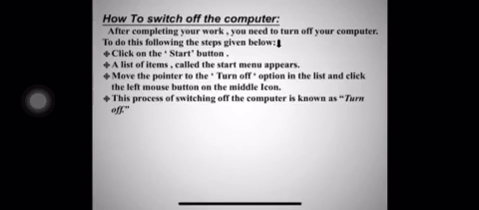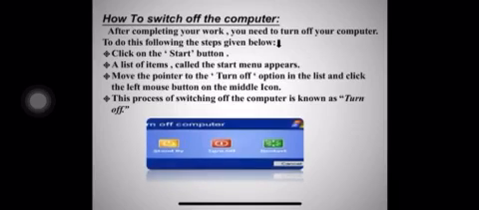Second, the start menu appears. The third step, move the pointer to the turn off option in the list and click the left mouse button on the middle icon. The process of switching off the computer is known as the turn off process, as you can see in the picture below.